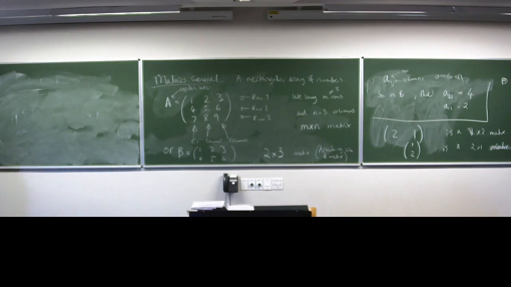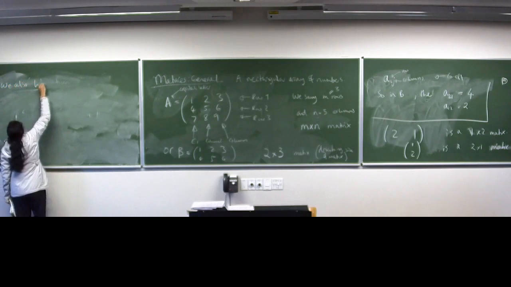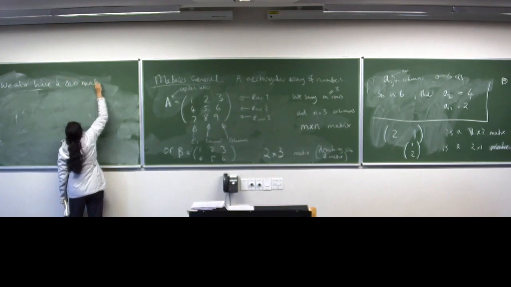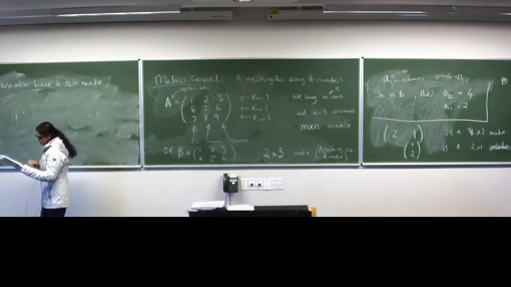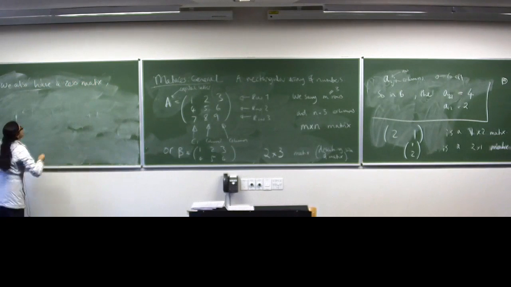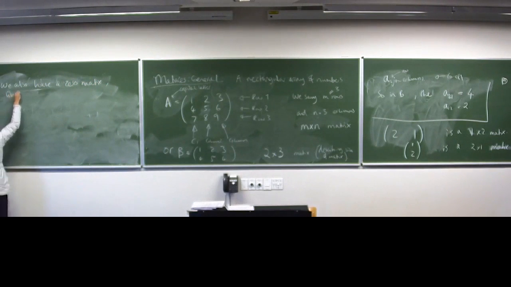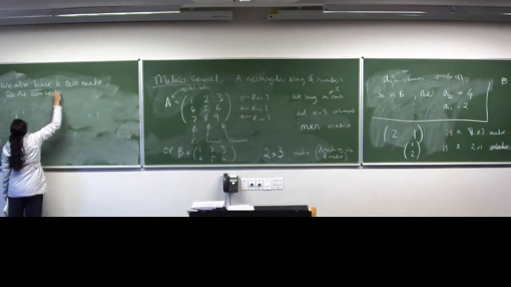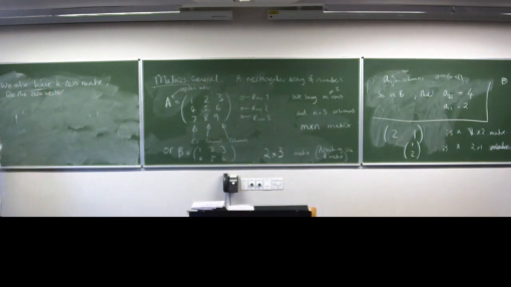Okay? All right, so we also have a zero matrix, which is like the zero vector, because vectors are really matrices, right?